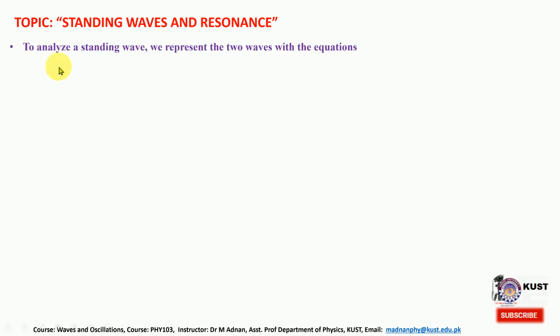So for that we will start with the two-wave equation which we have discussed in this course throughout. Let y1 be a sinusoidal wave having amplitude ym, wave number k and frequency omega.